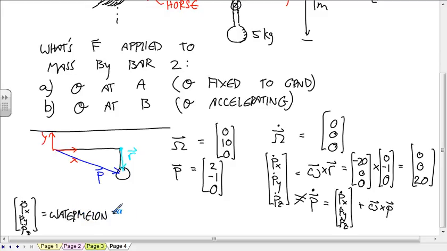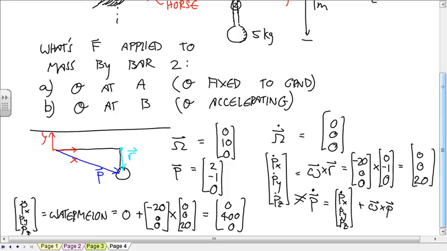So we have no angular acceleration. And then the centripetal acceleration is negative 20, 0, 0, crossed with the quantity negative 20, 0, 0, 0, negative 1, 0. We already figured out that part, so this, and you end up with 0, 400, 0.